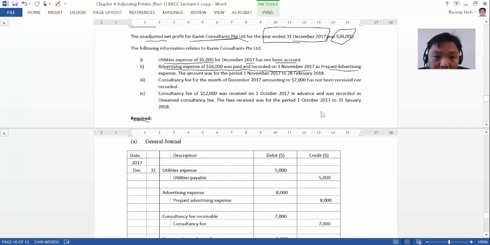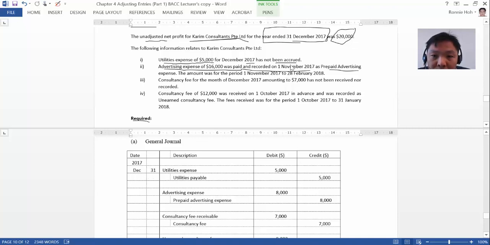Now we want to calculate what the advertising expense is as of 31st December. So we need to put through an adjusting entry. To do that, we have to work out the amount of prepaid advertising expense that has become advertising expense by the end of 31st December.